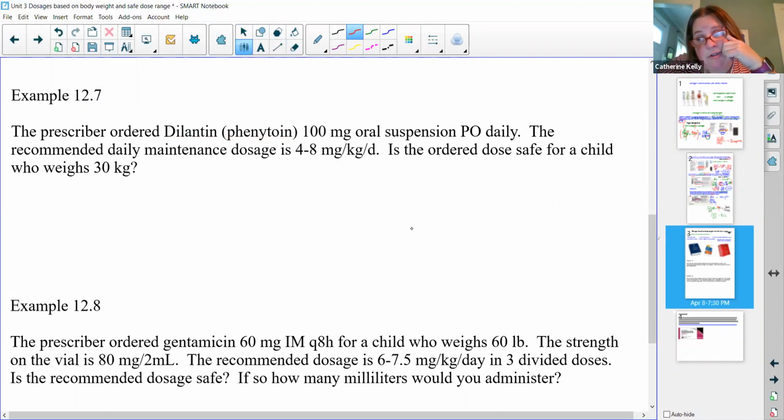Is the ordered dose safe for a child who weighs 30 kilograms? So if you just want to decide if it's safe or not, then you look at the safe dose range, which is in milligram per kilogram per day, and you look at what the doctor ordered for the patient.